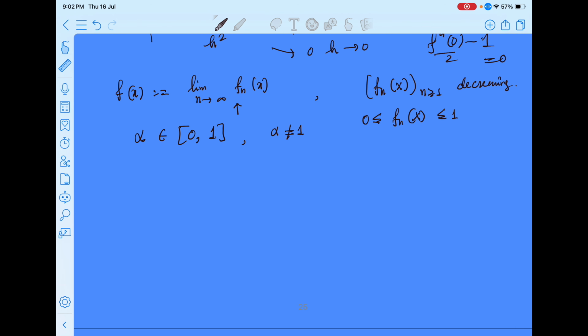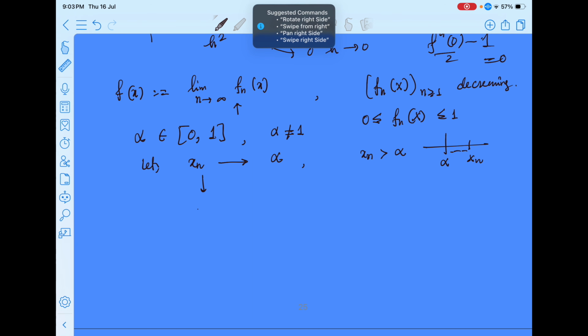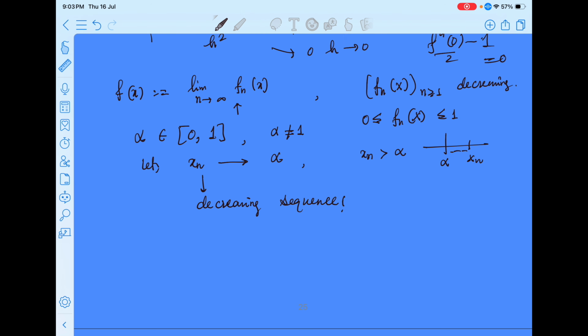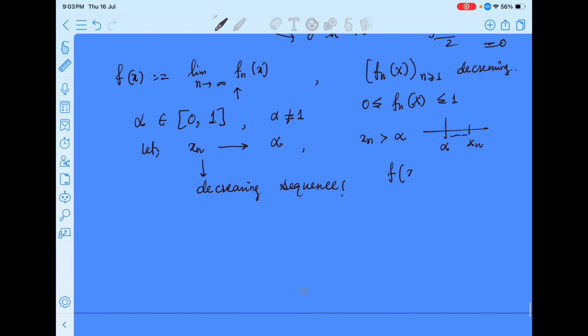Let x_n be a sequence converging to alpha, with x_n strictly greater than alpha, I mean from the right side of alpha, and which is a decreasing sequence. Okay, let us check. We will show that f of x_n tends to f of alpha. Then we are done with showing right continuity.